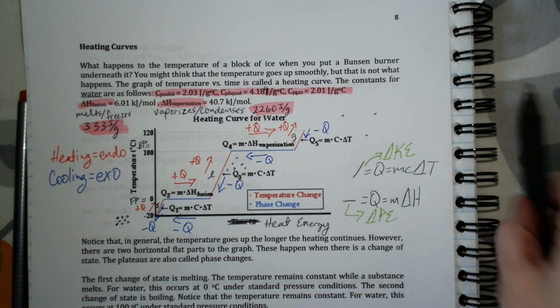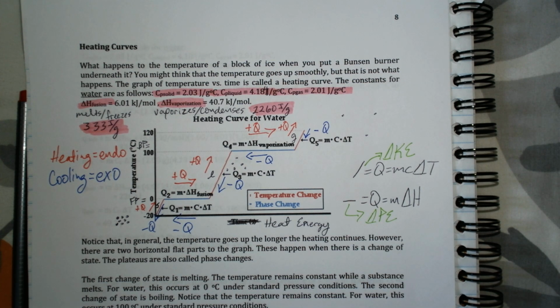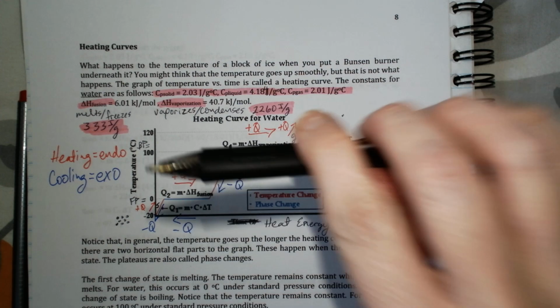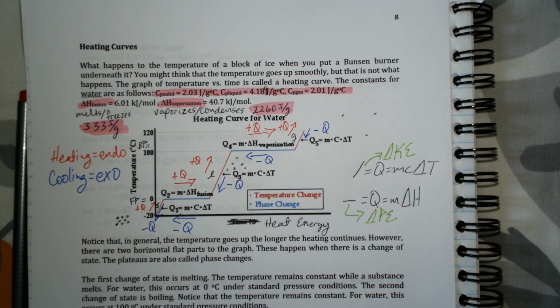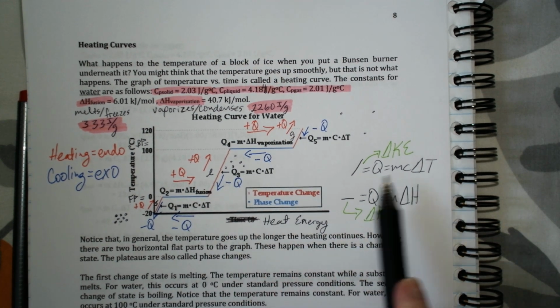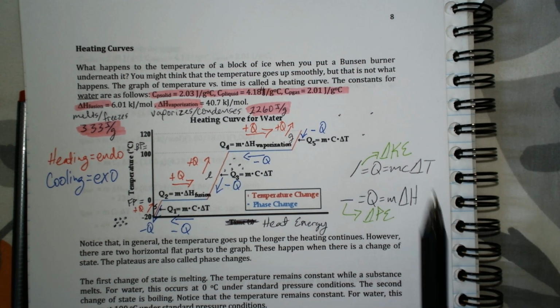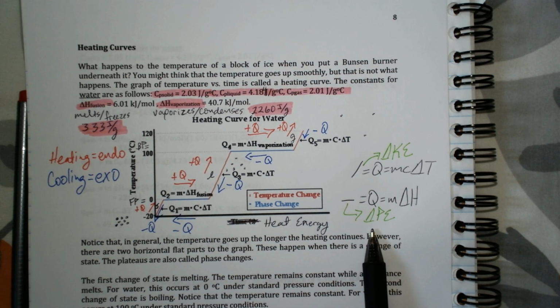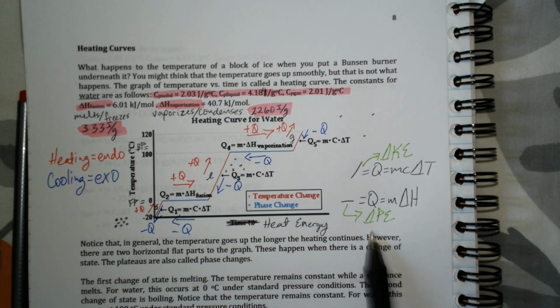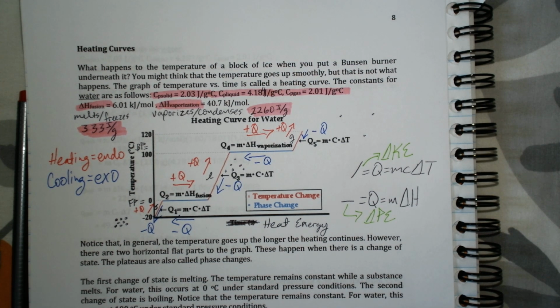Now, you're adding energy to go up the curve, and you're taking away or releasing energy to go down the curve. So you have to remember, where is the potential energy? In the flat places. Where's the kinetic energy? In the slanty places. Because kinetic energy is a measure of temperature, and chemical potential energy is used to break or form intermolecular forces of attraction. Okay, so that's pretty much all of the conceptual stuff, all in this one little thing.